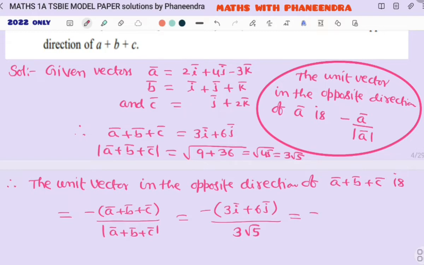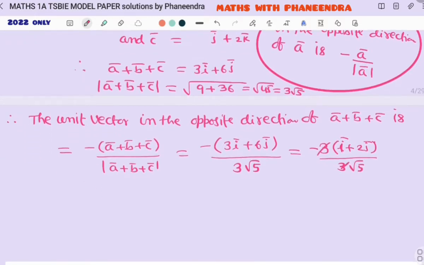So take 3 common from the numerator, (i plus 2j) by 3 root 5. So 3 gets cancelled. You will get the required vector as minus of (i bar plus 2j) by root 5.